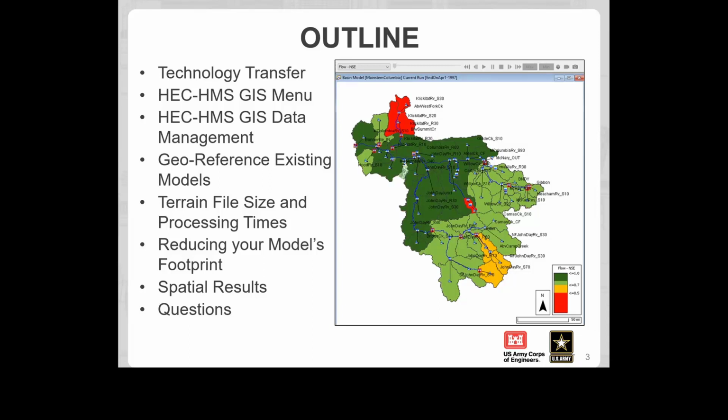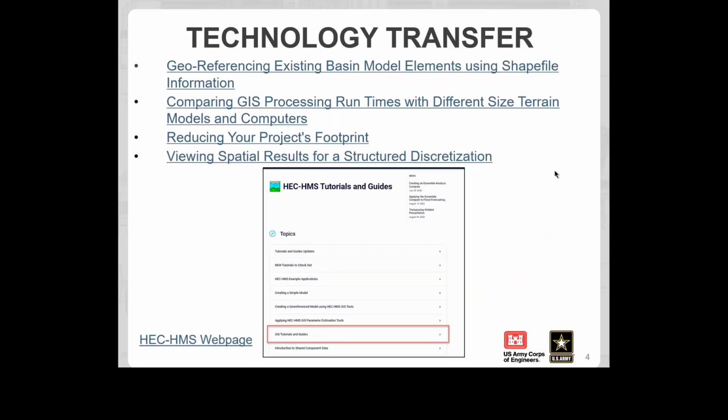And then we're going to talk about how the DEM resolution will impact creating your HMS model, both in the resolution and how much the results vary, but then how long it actually takes to compute that with varying computer parameters. And then we'll get into how we'd suggest reducing your model's footprint and looking at spatial results. Okay, and then I think Matt's going to take over for the remainder of the PowerPoint section.